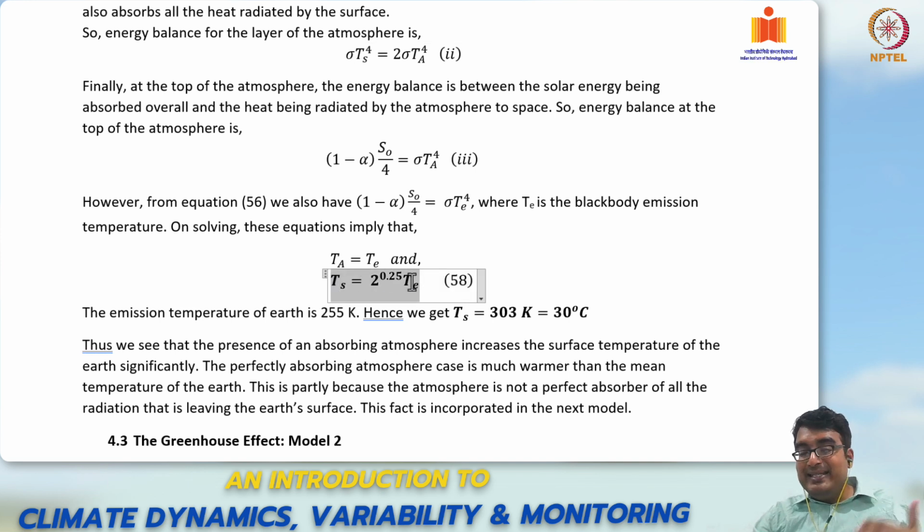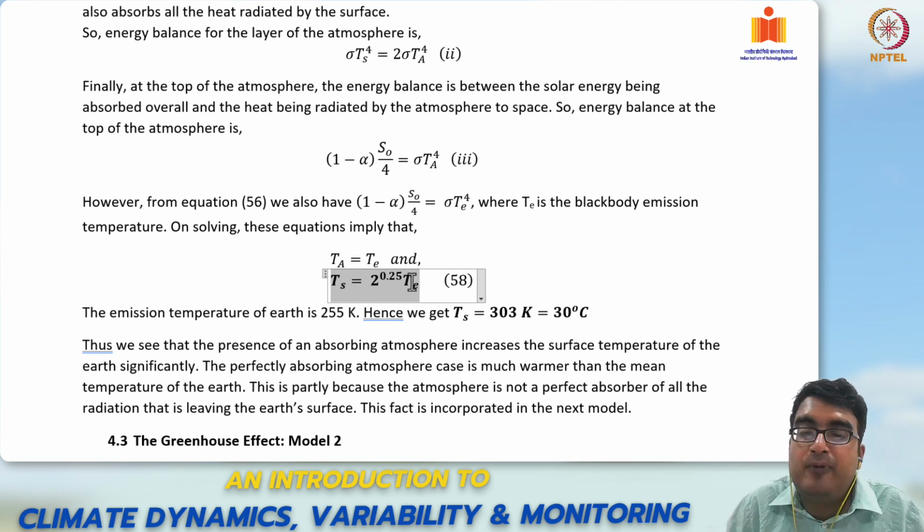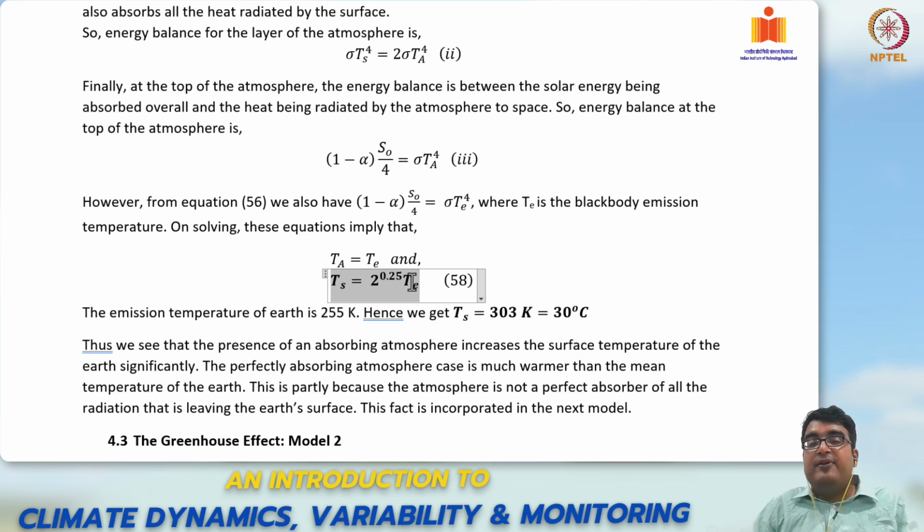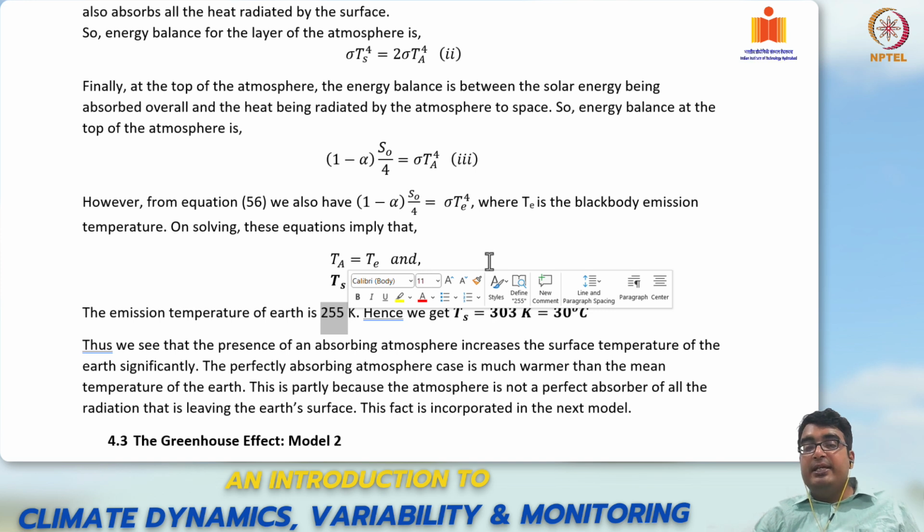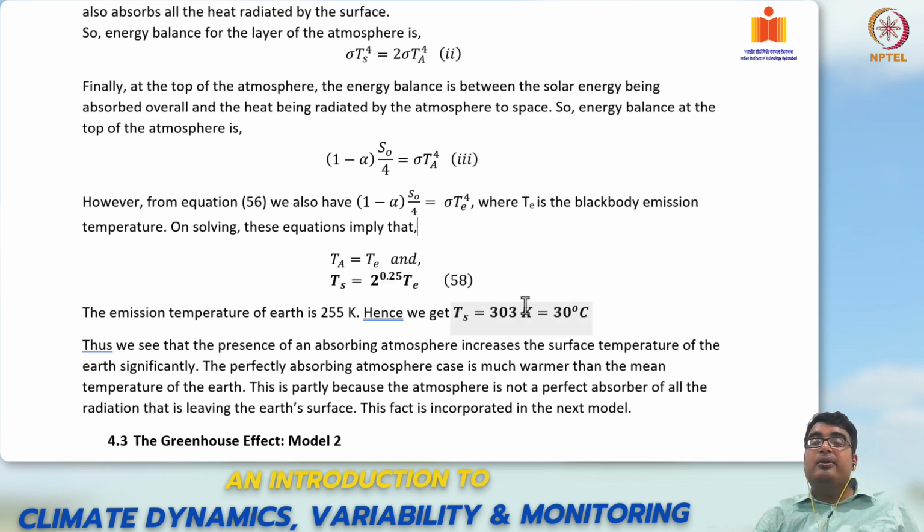So under this approximation of a single isothermal atmosphere which is absorbing all the thermal radiation coming from the surface of the Earth, the surface temperature is 2 to the power 1/4 times the black body emission temperature of the planet. Okay. Now Te is 255 Kelvin. You put it here, so we get Ts as 303 Kelvin or 30 degrees centigrade.